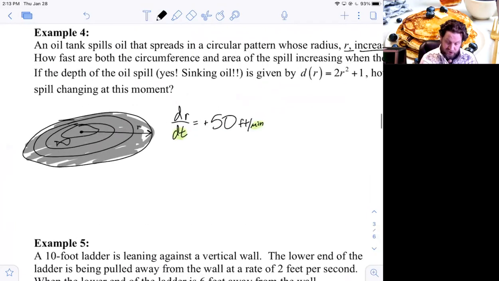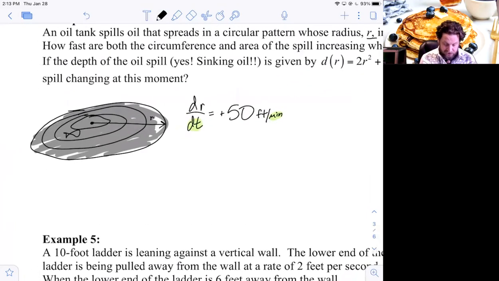How fast is the circumference changing? Let's do that first. I'll call it part A. So what letter can we use for circumference? C. So dC/dt is my target. In this part, I want to relate those two rates to each other, but before I do that, I got to relate their quantities. So for a circle, how can I relate the circumference to the radius? 2 pi r. Yeah, C equals 2 pi r.